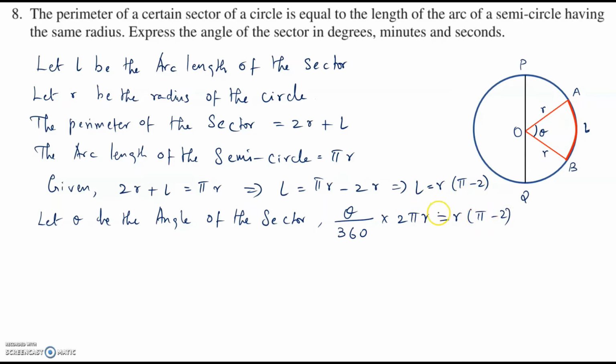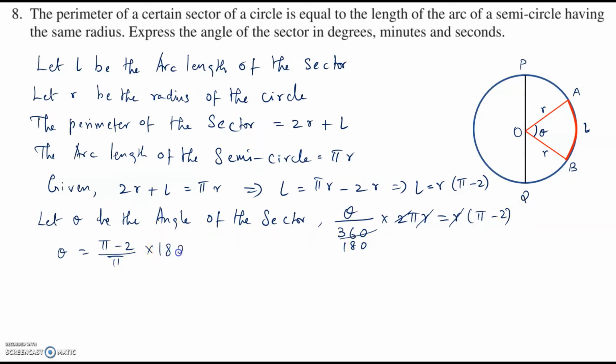So if we start to simplify this, our r and r will get cancelled. Then you'll be left with theta, and further this will become 180. So our theta is now equal to pi minus 2 on the right hand side divided by pi, and let's bring the pi down, pi into 180 will go on top.